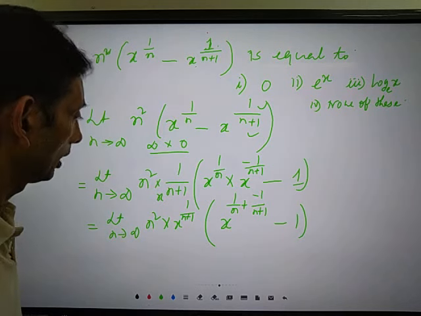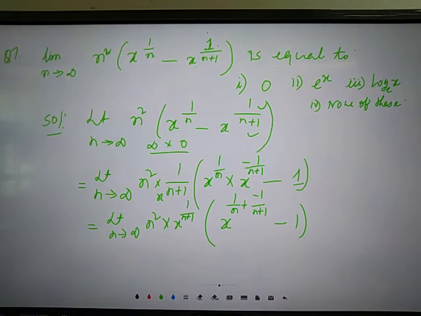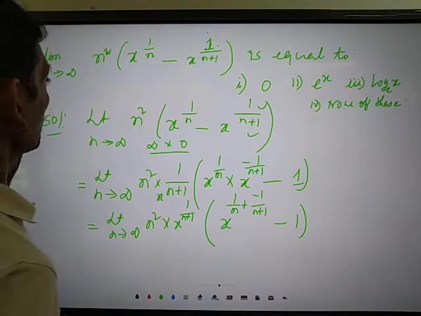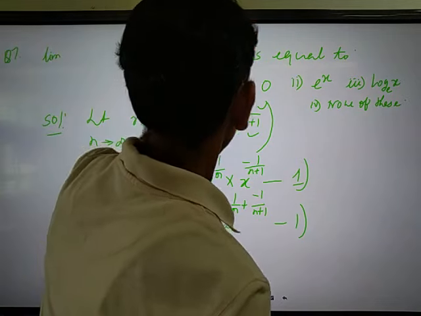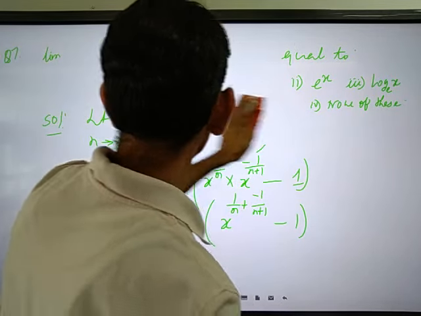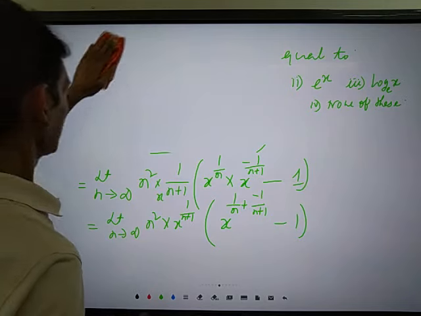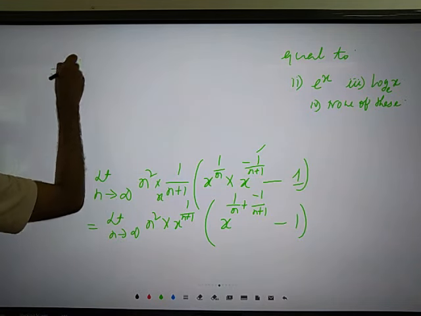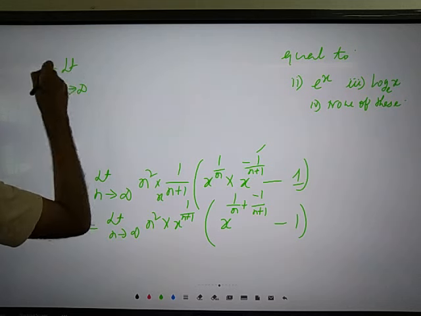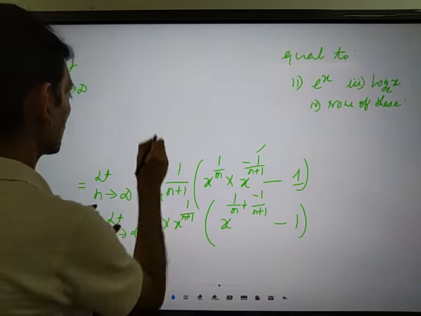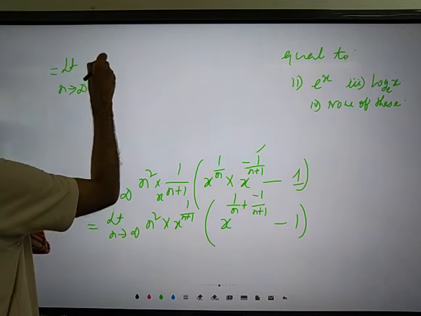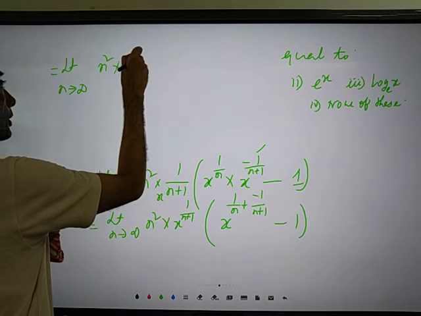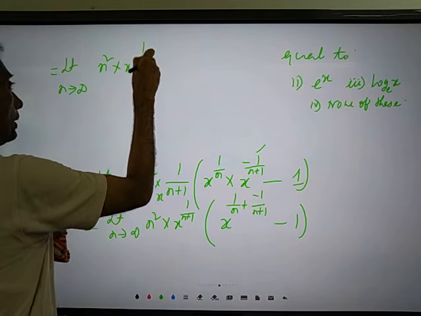So let's see the next term. Okay, these are the options, so we'll just leave the options there. We can just move to the steps after this. Limit n tends to infinity. Let this term, that is n squared x to the power 1 upon n plus 1, be there.